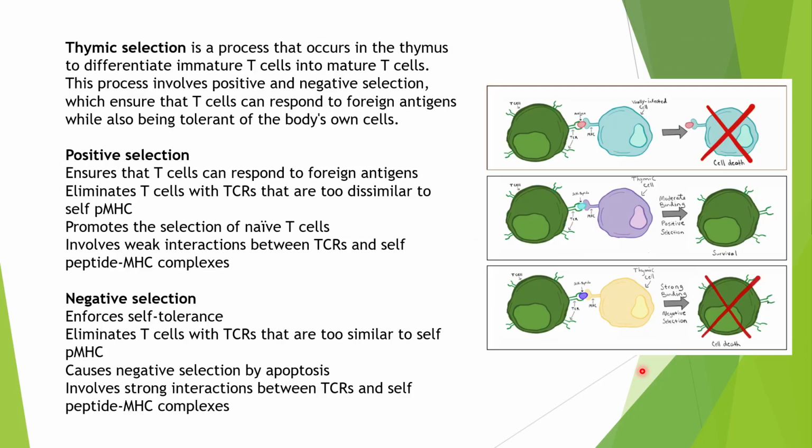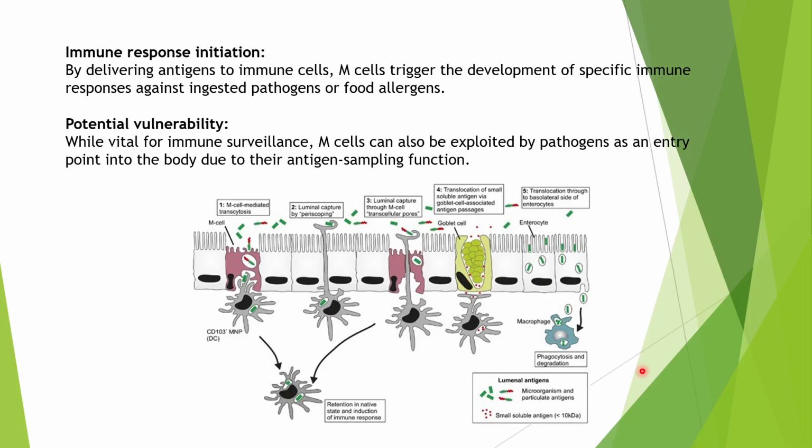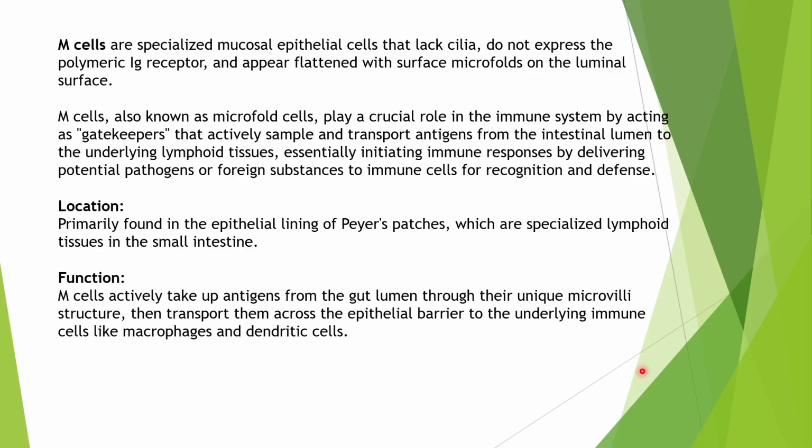These cells help in processing antigens and anything that is foreign, and send it to the underlying lymphoid tissue where your immune cells will now act on it, essentially initiating immune responses by delivering potential pathogens or foreign substances to the immune cells for recognition and defense.